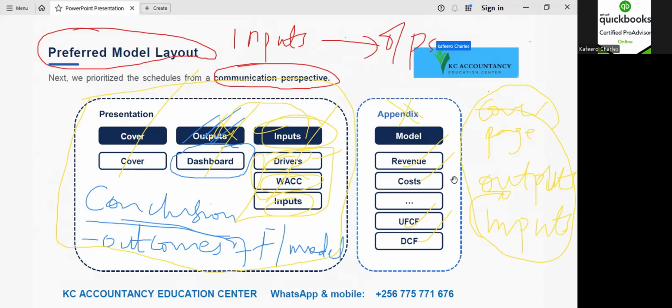Those that are curious are the ones that are going to ask for these appendices. So the appendix will be there to show the different schedules that we use to drive from the inputs to the outputs, the necessary computations and the connections that we've made. So that's why we put appendices.